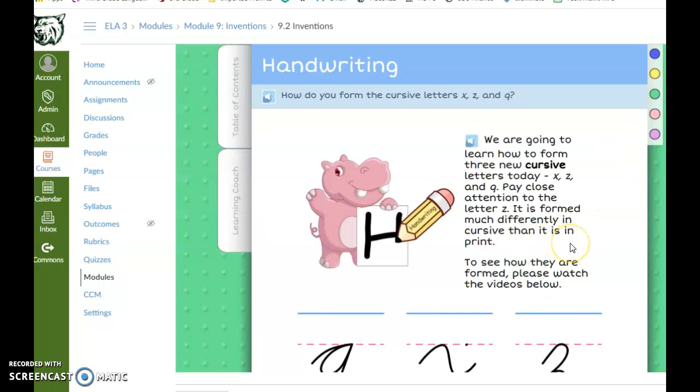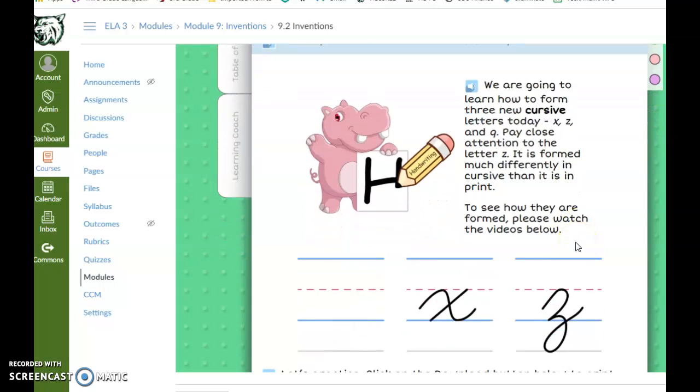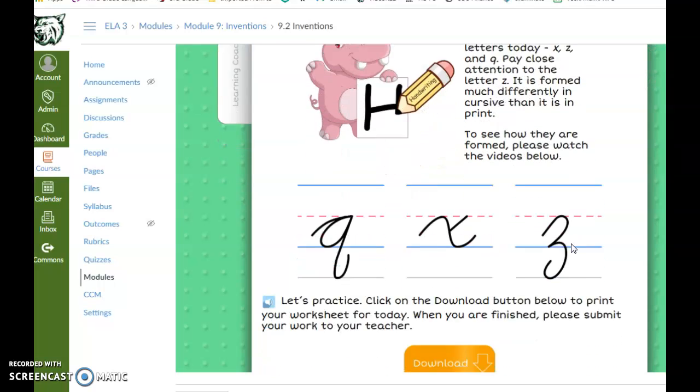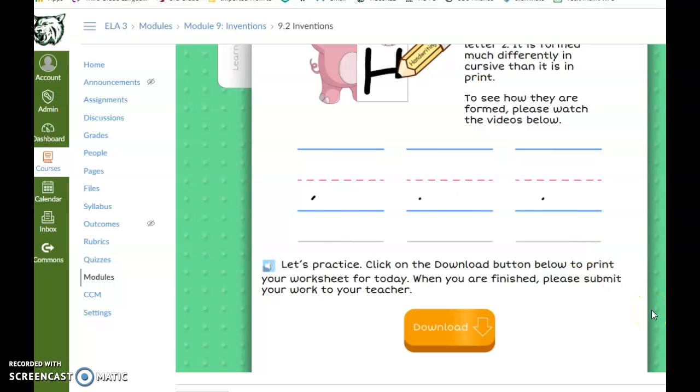And then finally today you can see that there are some new cursive letters. We have X, Z, and Q. And right here it is showing you exactly how those are formed. This is an X. Make the first line and then cross it.